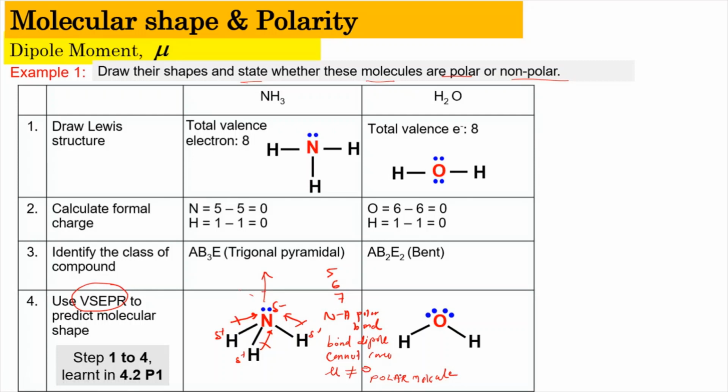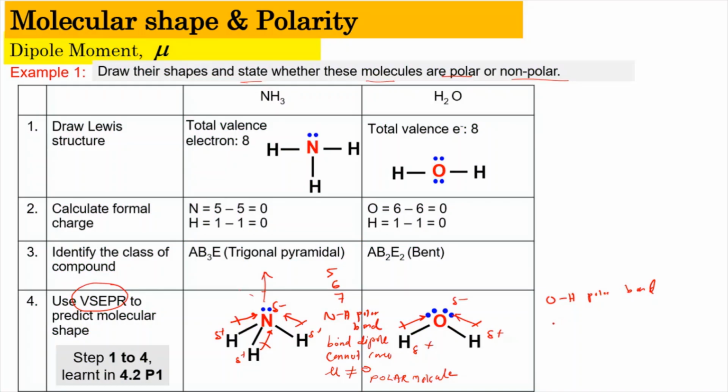Now let us do the water molecule here. Similarly, we have oxygen, which is a more electronegative atom, and hydrogen, which is more electropositive. So a bond dipole is created between the hydrogen and oxygen bond, with the arrow pointing towards the more electronegative atom. Similarly here. So we have an OH polar bond.